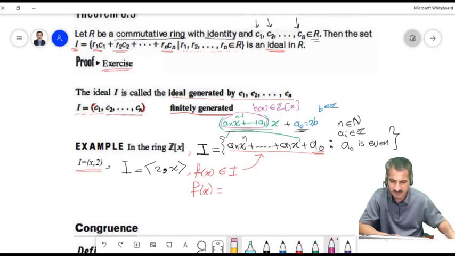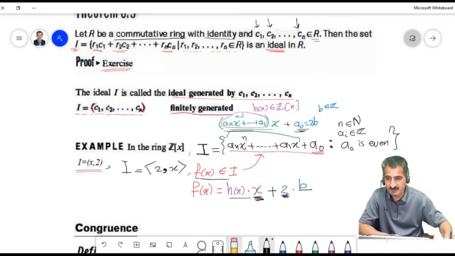So f of x is h of x times x, plus 2 times b. So what happened here, an arbitrary element in I could be written as a multiple of x and a multiple of 2, right?